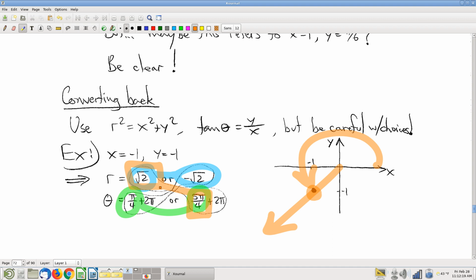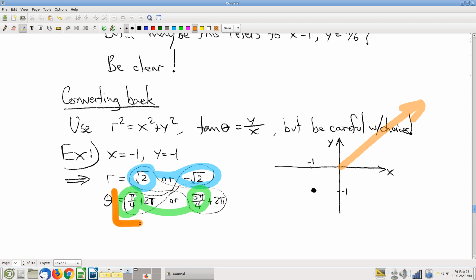Or if you want to be backwards about it, if you want to think about it from the point of view where the angle is pi over 4, okay, but then you have to let your r be negative square root of 2 to get to where you actually want to go.